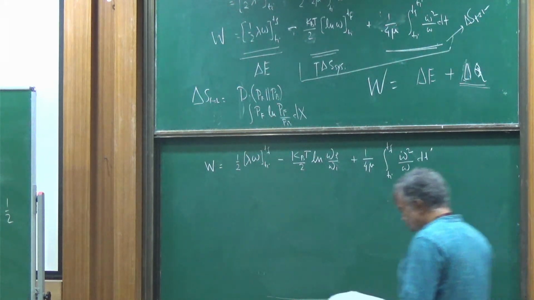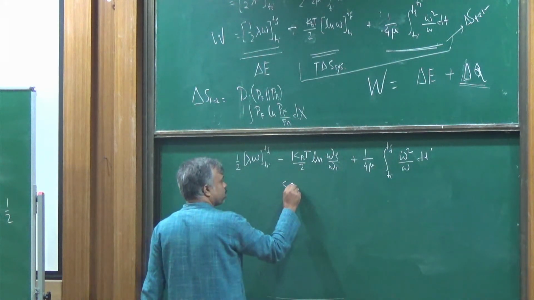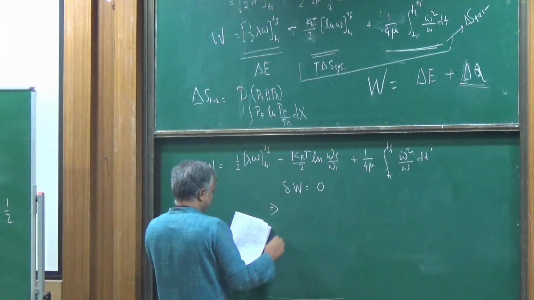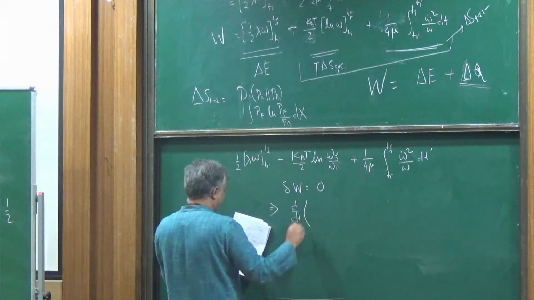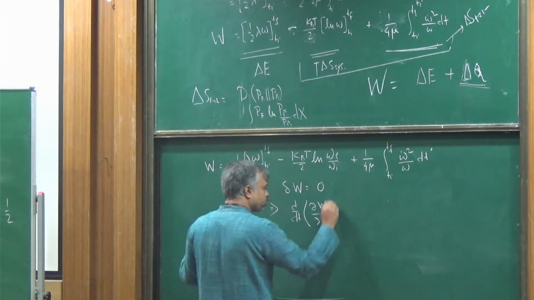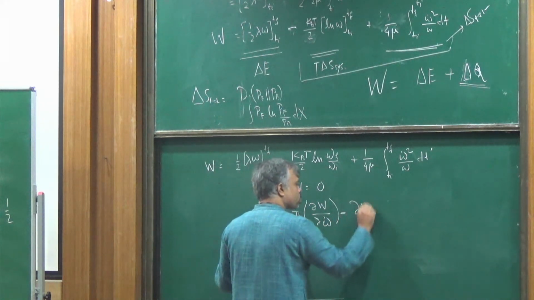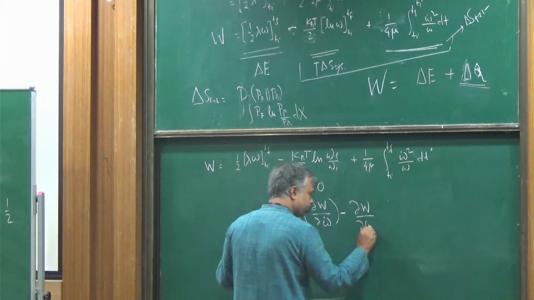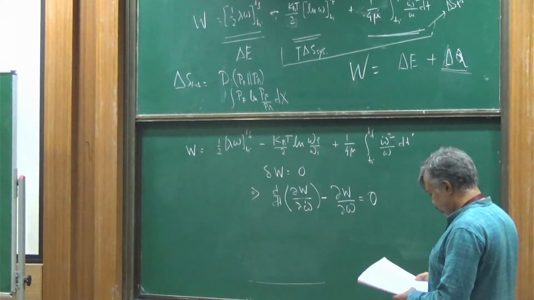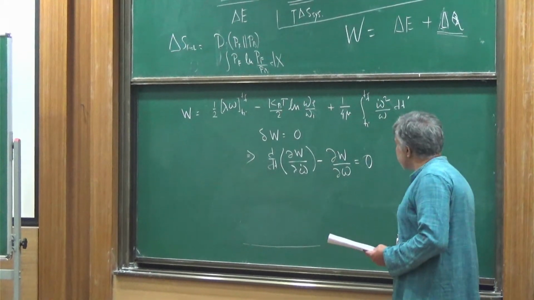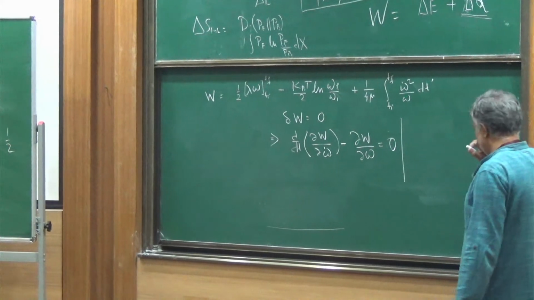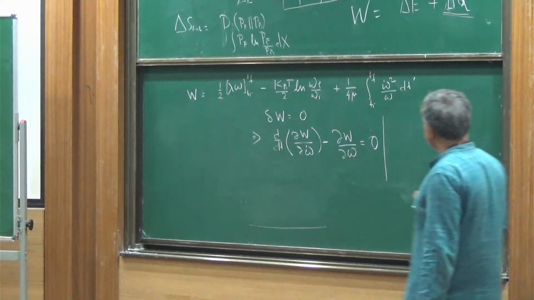Now this is classical mechanics, which will give me d by dt, the Euler-Lagrange of W. I have to do the derivatives now.